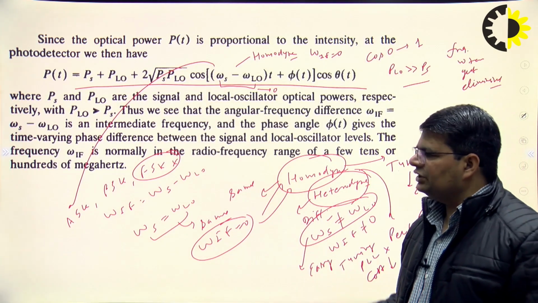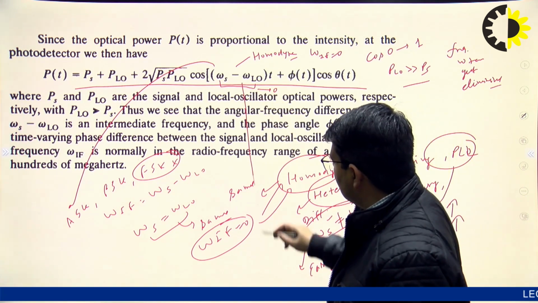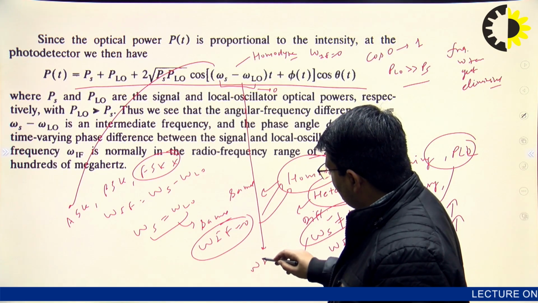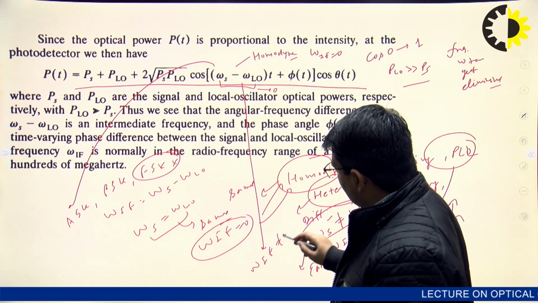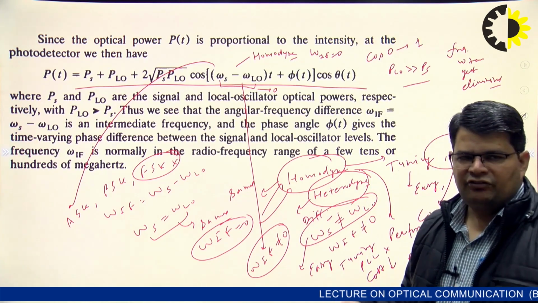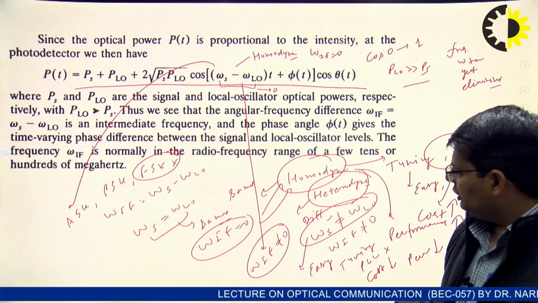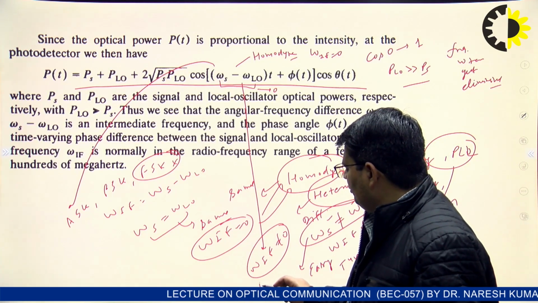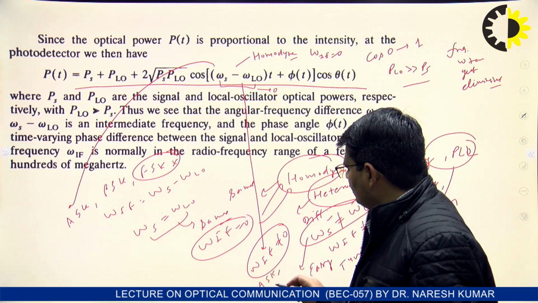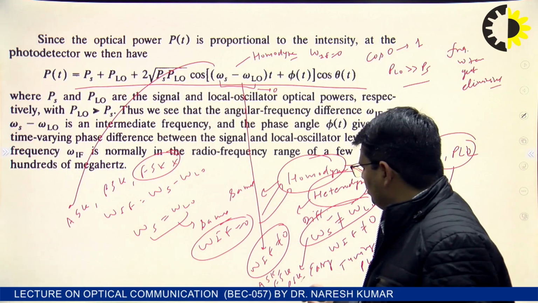And if we compare with heterodyne detection, in this case W_IF is non-zero. Non-zero means the frequency term is available, and if the frequency term is available, we can also vary that term. So in the case of heterodyne detection, we will be able to get ASK, FSK as well as PSK modulation schemes.